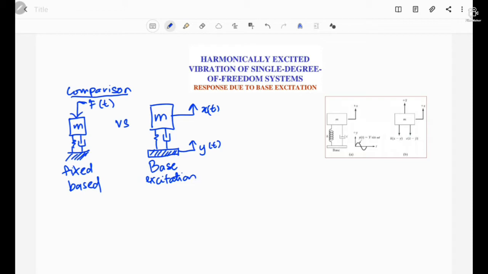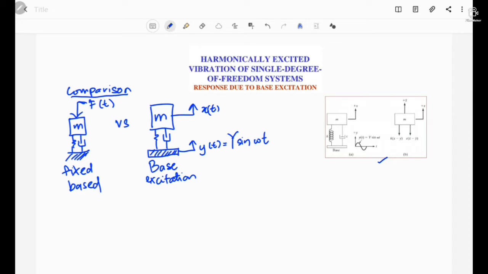So when we have base excitation, the input is not F(t) but y(t), as also shown in this figure on the right hand side of the screen. The input is also in harmonic motion. Let's say I assume it to be a sine function.